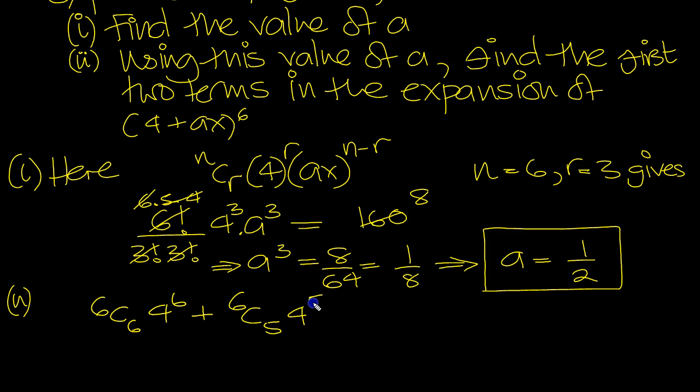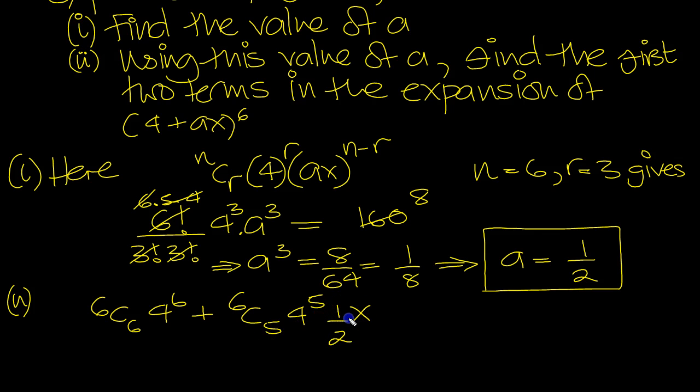4 to the 5, a, which we know is a half, so that would be a half, and that would be to the power n minus r, sorry. N minus r would be half to the 1, which is just half. 6 minus 5 is 1, and that would be the x term.